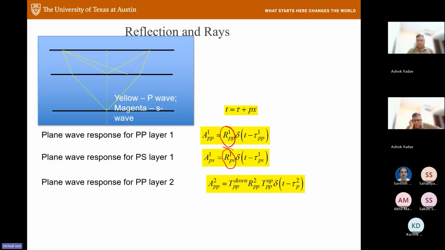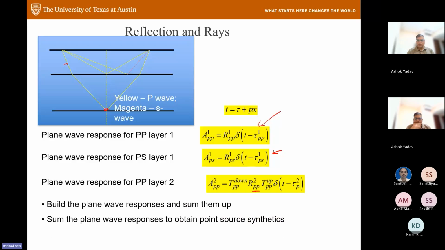Now, if I go to the second layer, then I have to take the transmission down, then I have to get the reflection here, and then the transmission, and then I have to get the travel time. So the reflection time in the tau-p domain is simply this, tau as a function of p.